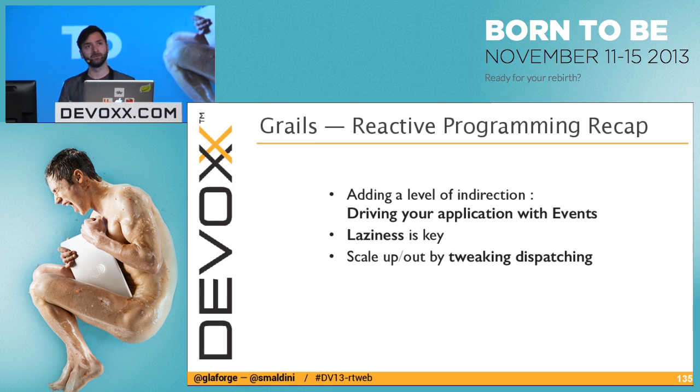But you want to scale out at some point. Maybe your dispatcher is going to route your event to RabbitMQ, for instance. And just by tweaking the configuration, that's another aspect of event-driven, just by tweaking the configuration, I change the scale of my application.